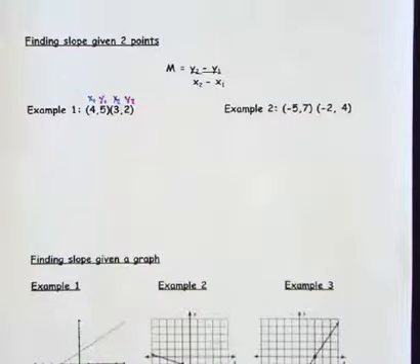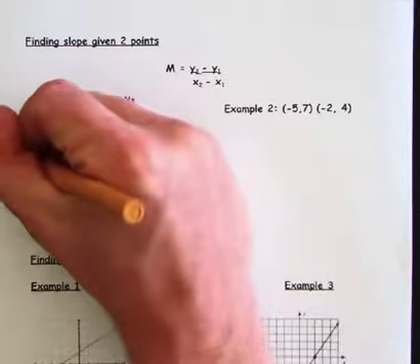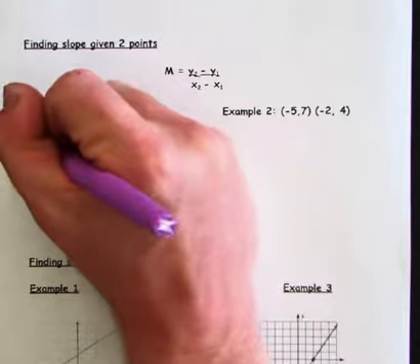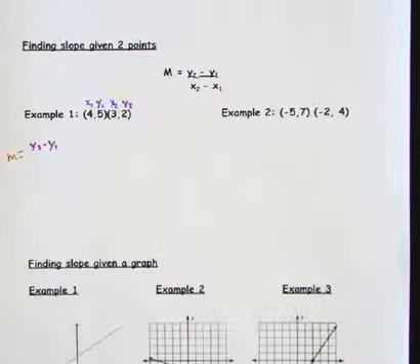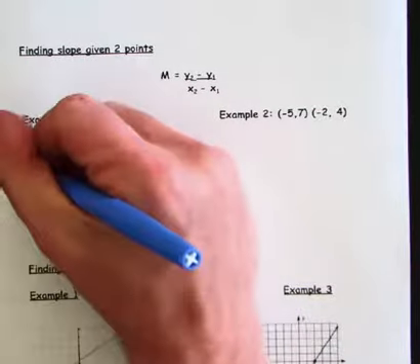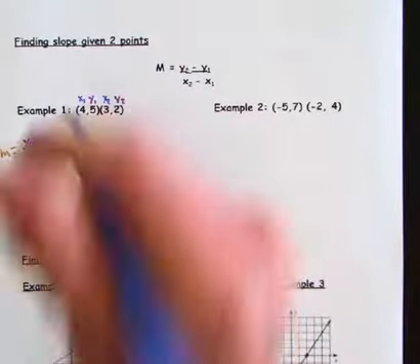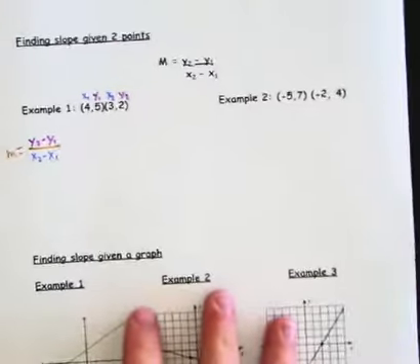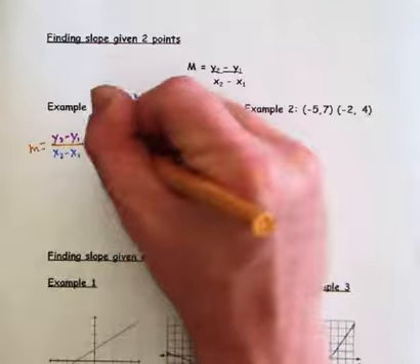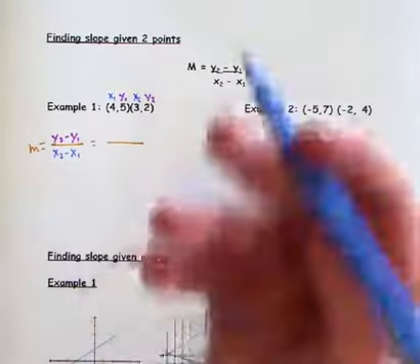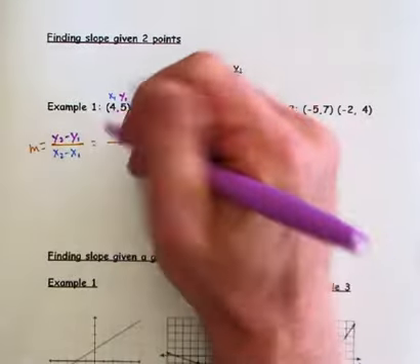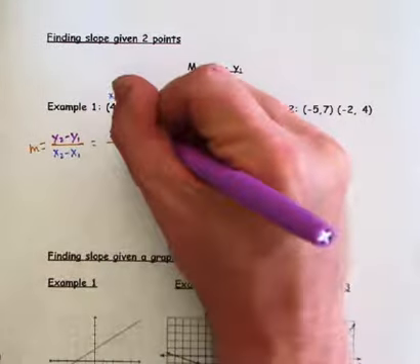All right. So our slope m is going to equal y2 minus y1 over x2 minus x1, right? That's just our basic equation. Sorry, this is moving around a little bit. So that means we get on top y2, which is 2, minus y1, which is 5.